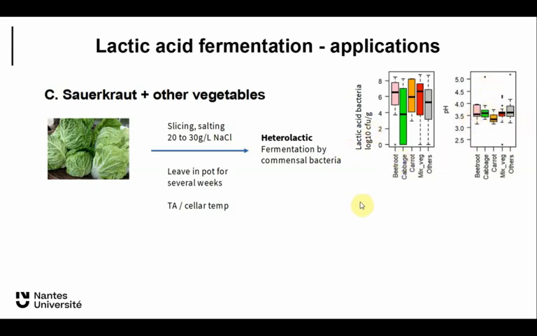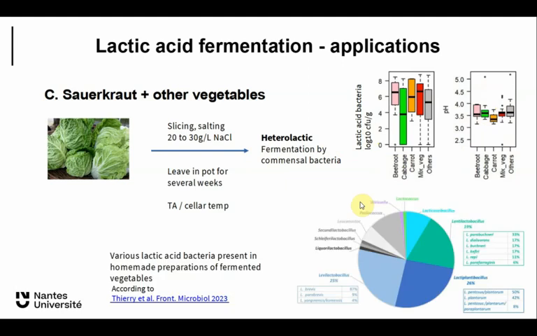So this is from a paper that I found, published last year, where they looked at the bacterial populations present in homemade preparations of fermented vegetables. So you could see that, whatever the vegetable was, the pH is very, very acidic, goes down to about 3.5. And you can have quite a lot of lactic acid bacteria per ml.